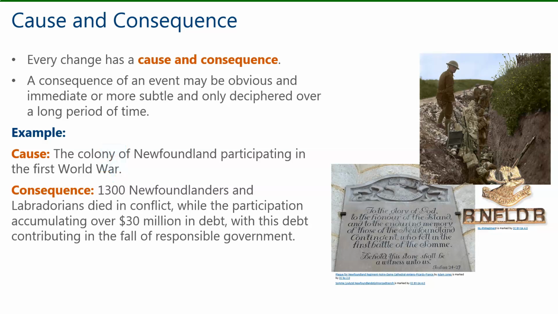The participation of it, including training, uniforms, food, salaries, etc., cost over $30 million. Now think about that. That's a lot of money now, let alone over 100 years ago. And also, this debt contributed to the fall of responsible government in the colony of Newfoundland, which we will go into more detail in Unit 2.